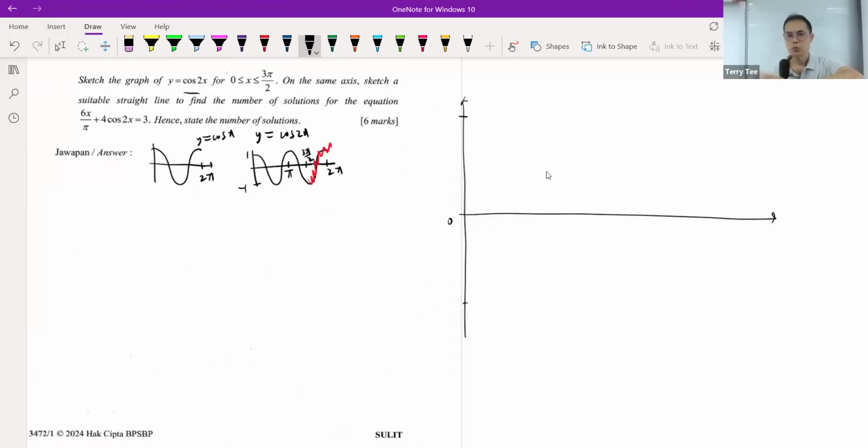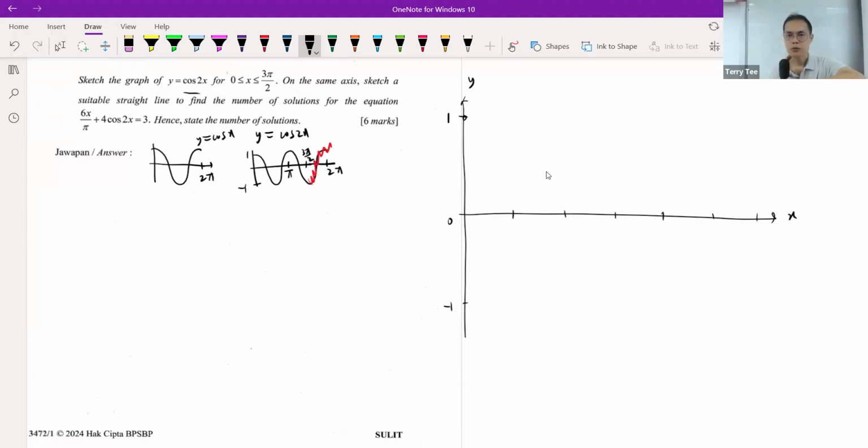Okay, 0. We need to draw 6 segments, so you can draw like that, breaking it up into 6 parts. If possible, use a ruler, measure at least maybe 1 cm or 2 cm each, so it looks balanced. This is your x, and we start from 1 down to -1, this is your y.